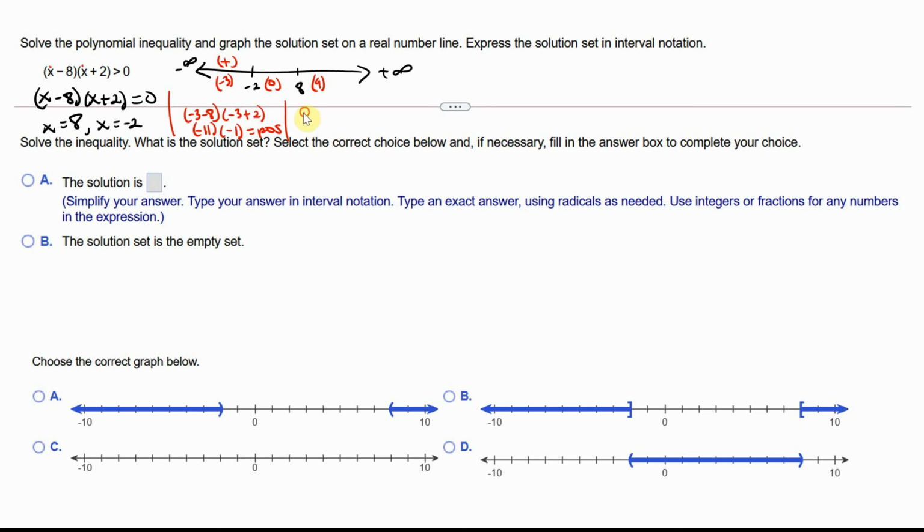You test 0: 0 minus 8 times 0 plus 2, negative times a positive, negative. I just want the sign again. Test 9, so 9 minus 8, and then 9 plus 2, positive.